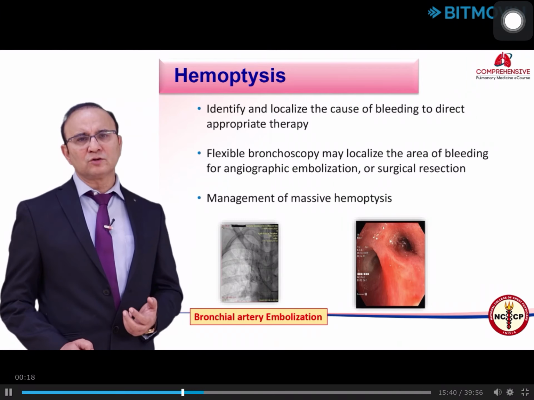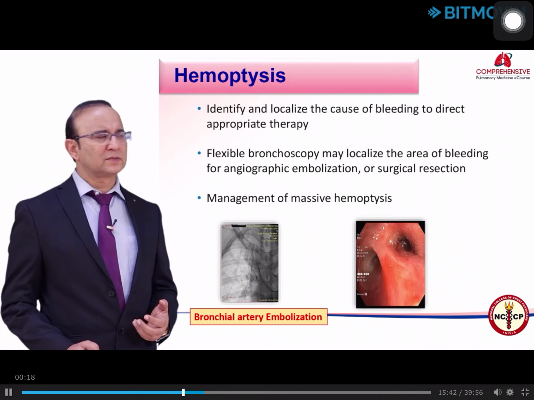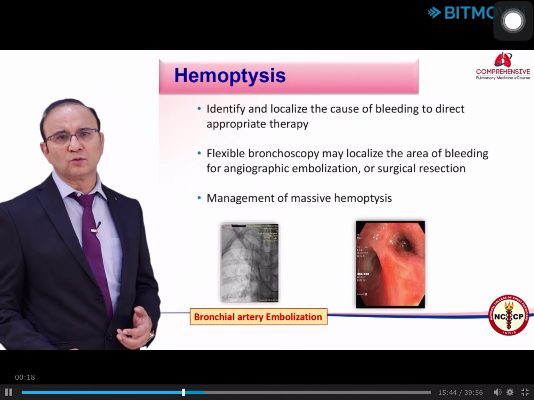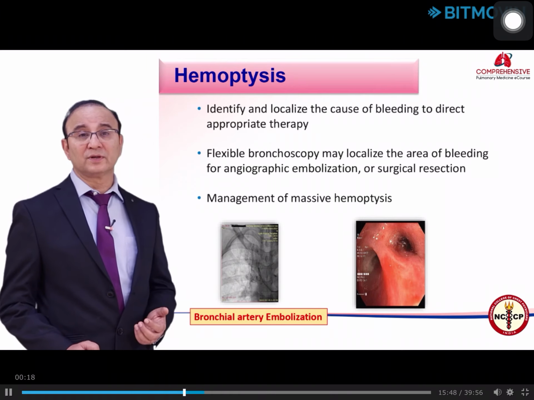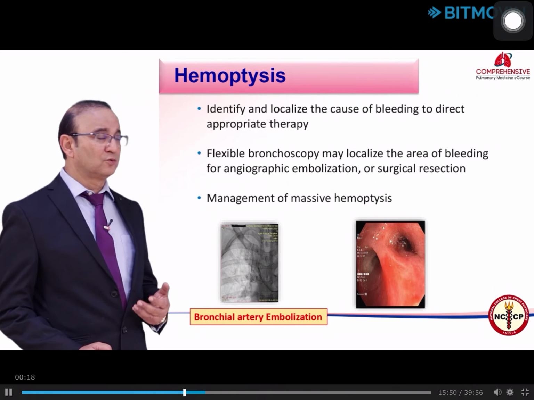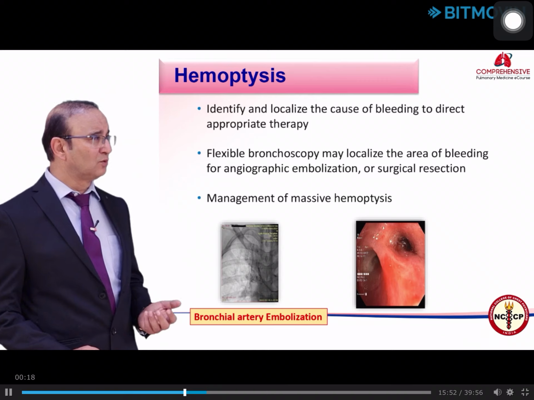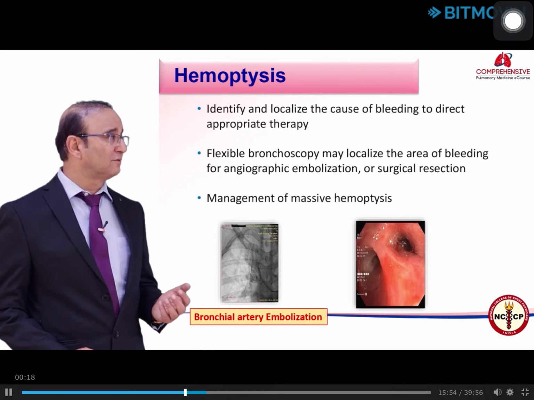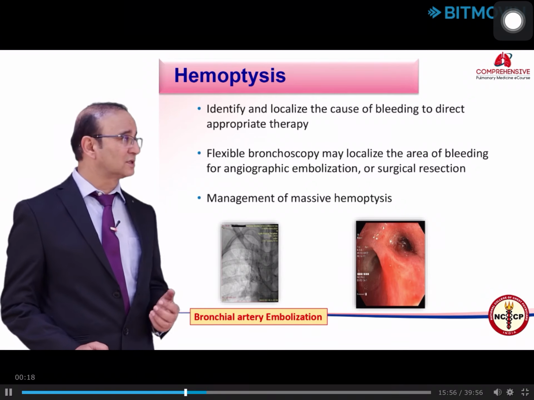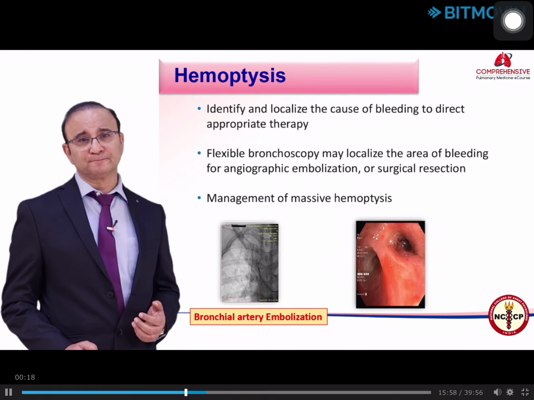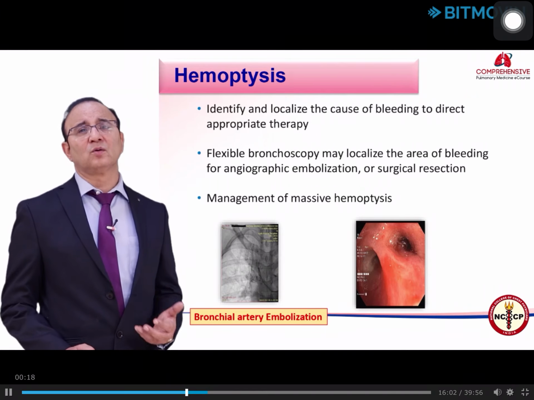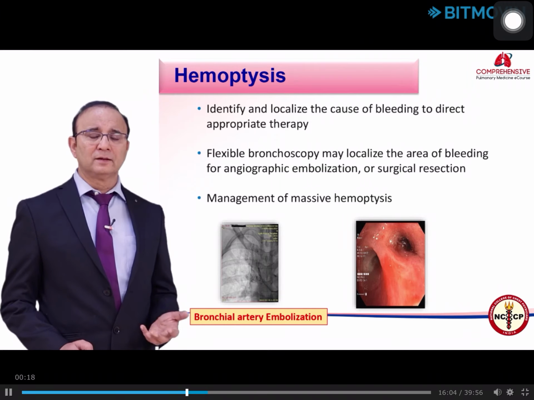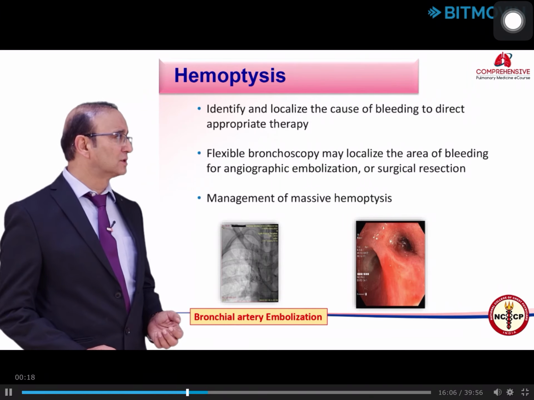In mild to moderate hemoptysis, the bleeding may be controlled with local treatment, and various types are available to control it using the laser, APC, balloon tamponade, or selective occlusion of the suspected bronchus with a block catheter. So there are various ways not only to diagnose, but also to control the hemoptysis in many individuals.